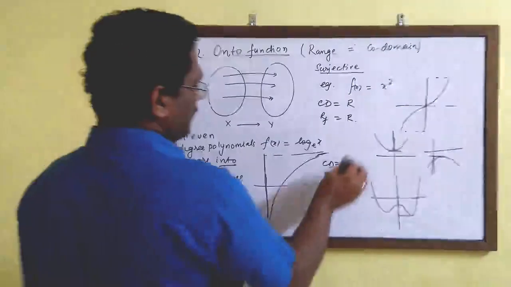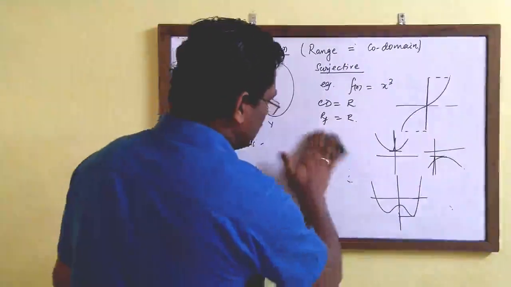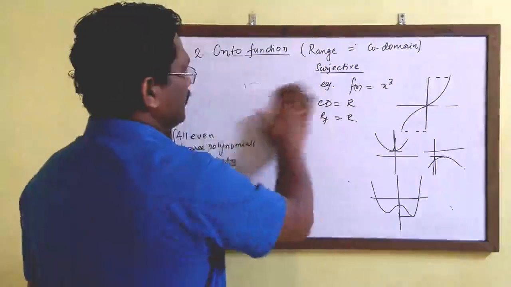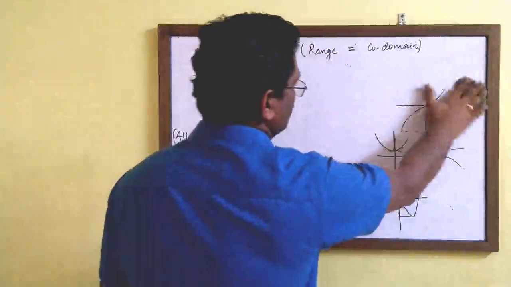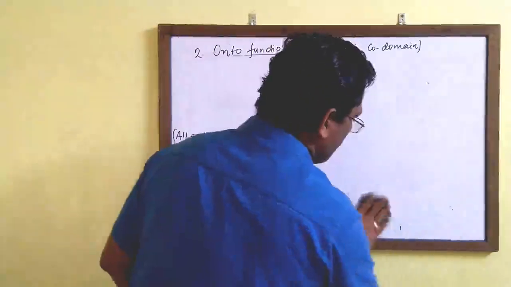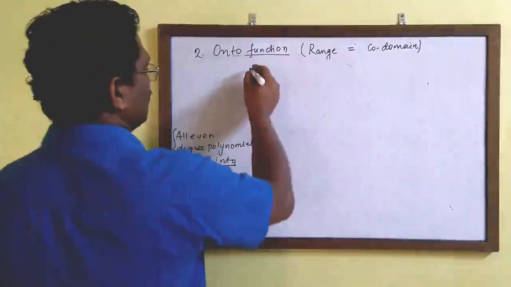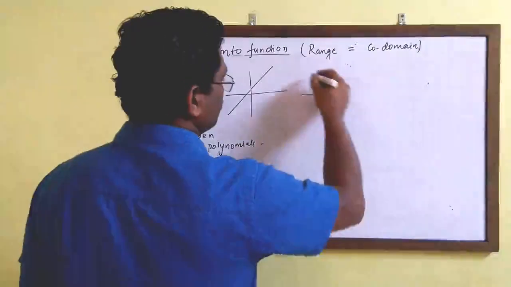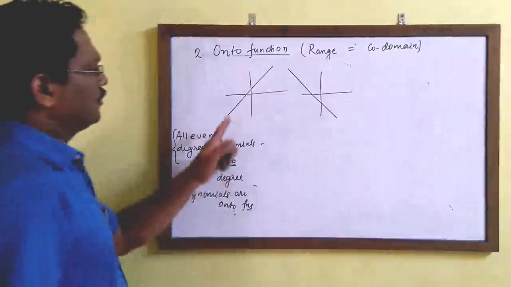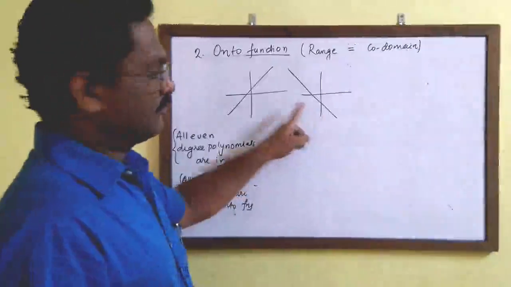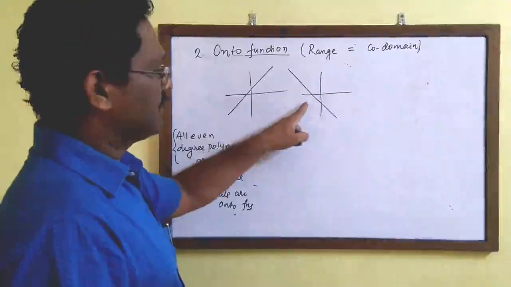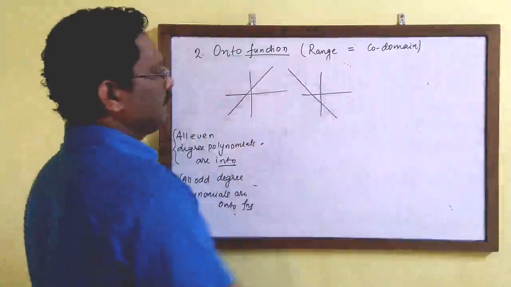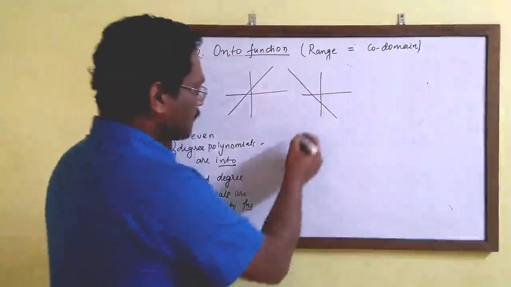Now why did I say that? Now if I take the example of f(x) equal to, say, a linear function itself. So what kind of graph does a linear function have? See, it will be either like this or it will be like this. It depends on the coefficient of x. Coefficient of x positive means like this. So the projection of this will cover the entire y-axis.